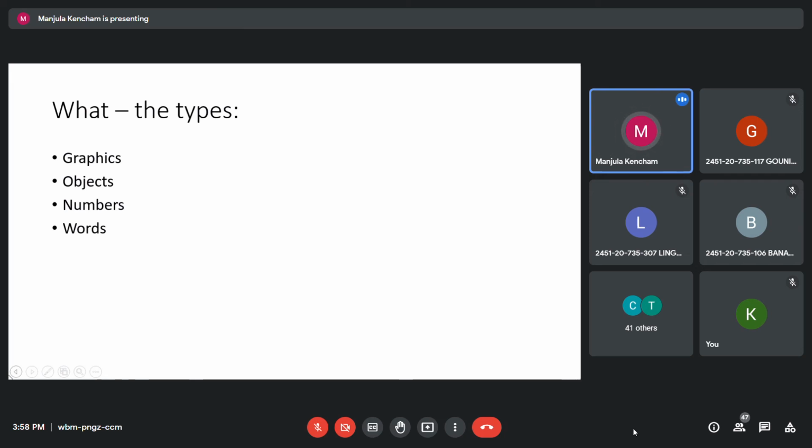Graphics, objects, numbers, and words. Words are spoken by us. Sometimes words are also chosen by us to be represented on the slides. Then we have numbers. What are the different numbers that you have with you? What is the size of the numbers? Would it be possible, without any confusion, for people to interpret, read, and understand if you present too much numerical data?